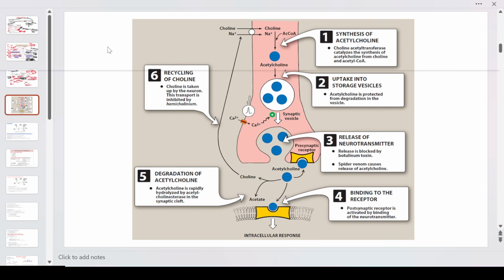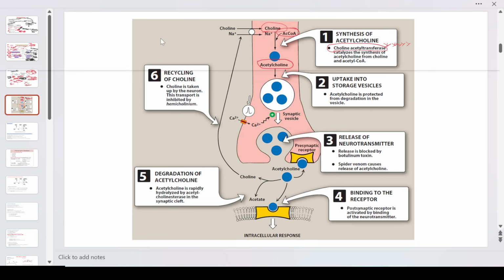This choline gets combined with acetyl CoA and leads to the formation of acetylcholine in presence of the enzyme choline acetyl transferase. This is the most important enzyme, you need to remember choline acetyl transferase.